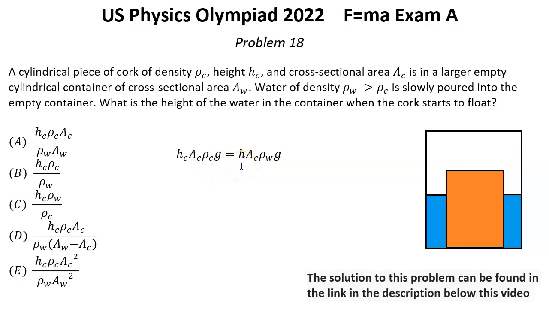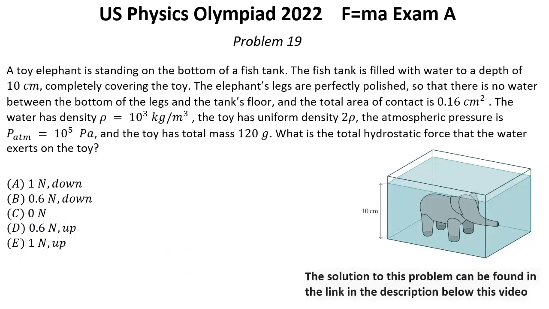And that's equal to h AC rho W g. After that we can find what h is. So the height of the water must be equal to this expression, which is answer B, and that was the solution for problem number 18.